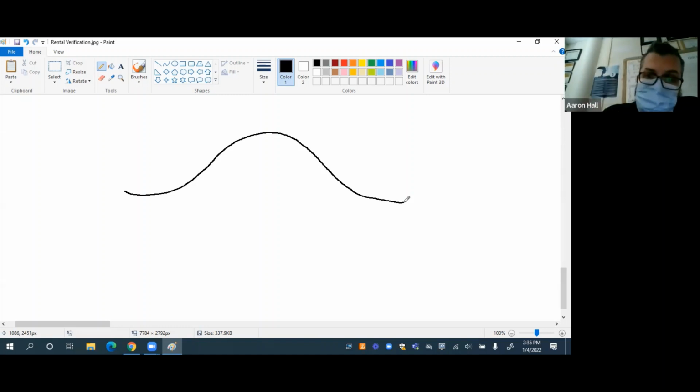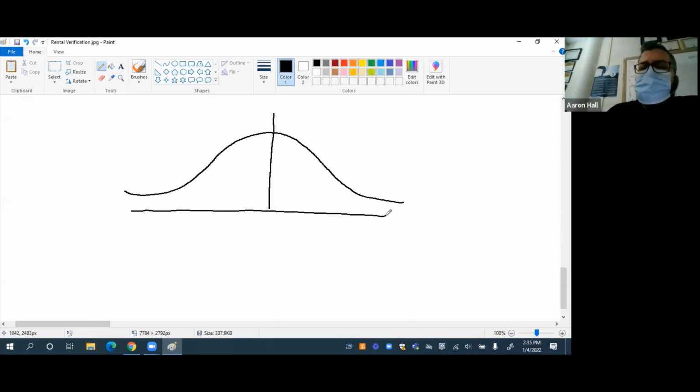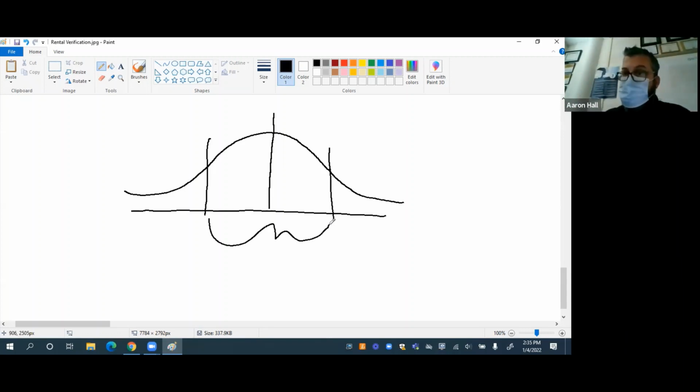Now, this is our average, our mean, median, and mode. All three of them are the same value for a normal curve. If we look at one standard deviation above the mean versus one standard deviation below the mean, that represents how much of all of the data? Does anybody remember the empirical rule? It's 68% of the population.